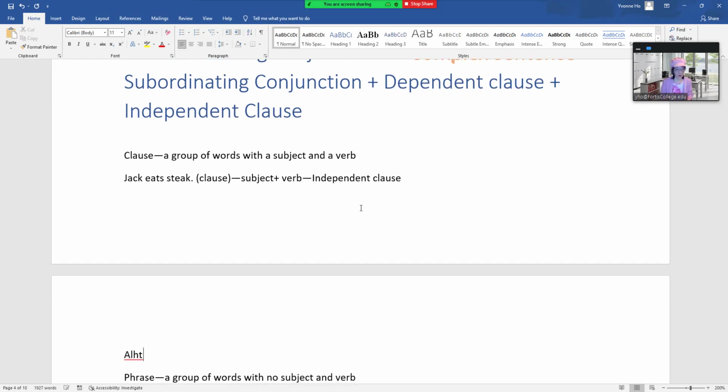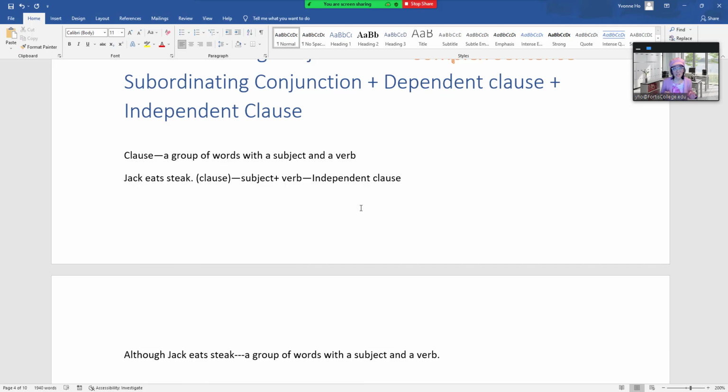Although Jack eats steak. This is also a clause. You've got a group of words with a subject and a verb, but it's not a complete thought. Although Jack eats steak, then what?